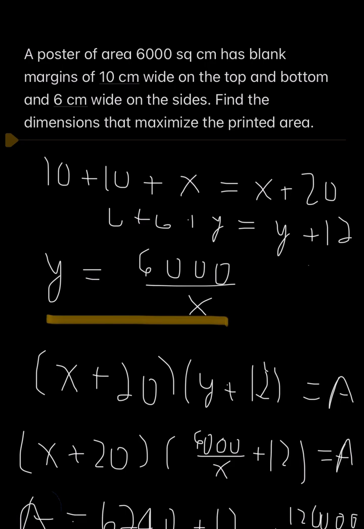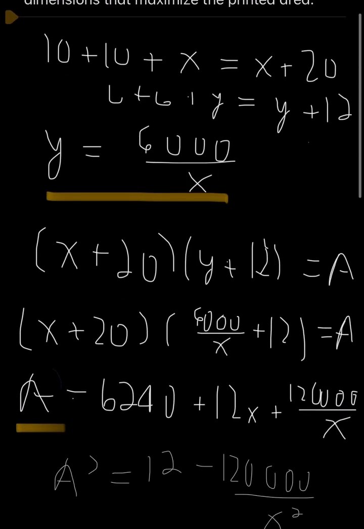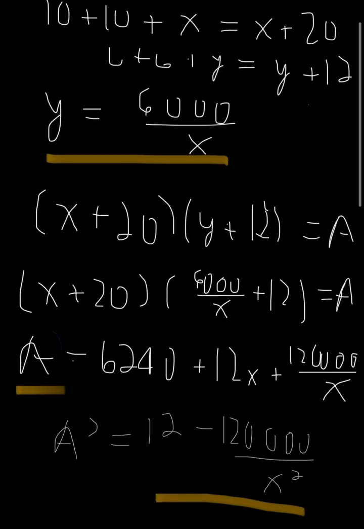We needed to add 10 centimeters on each side, so that's x plus 20 and y plus 12. And we know that y is 6,000 over x in our original equation. So we substituted that into our area equation, and we found that A is equal to 6,240 plus 12x plus 120,000 over x.